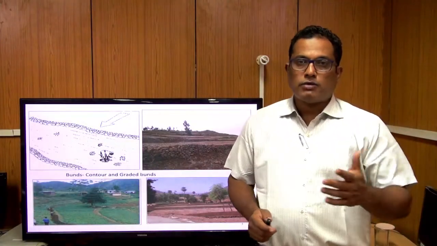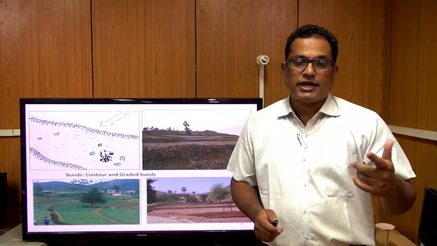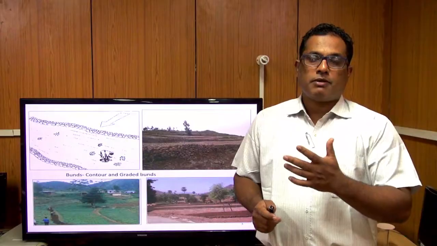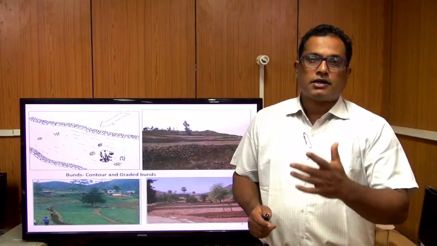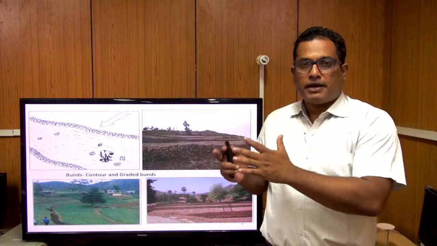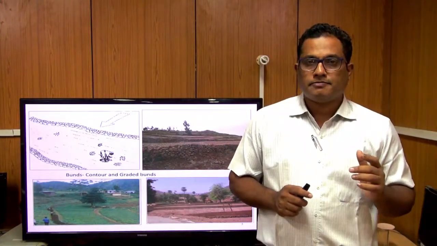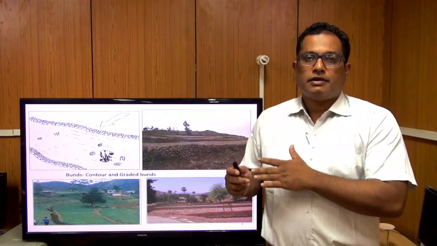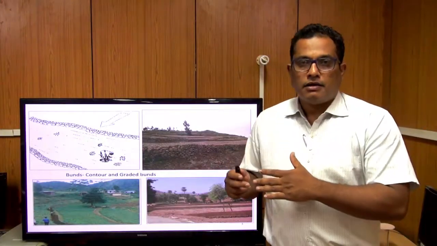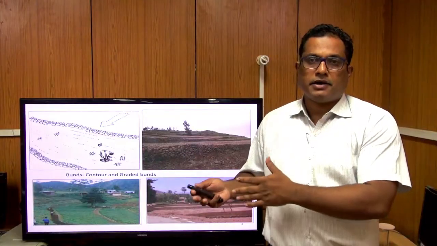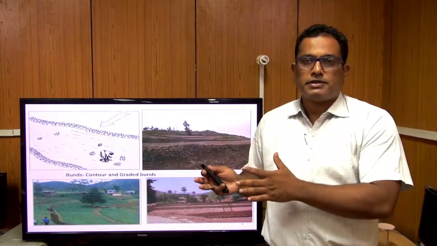These contour bunds are more popular in states like Gujarat, Maharashtra, parts of Madhya Pradesh, parts of Karnataka, and Tamil Nadu, at patches where the rainfall is less. Graded bunds are constructed in places where the rainfall is medium or heavy, like Jharkhand, Bihar, and many other Himalayan places.